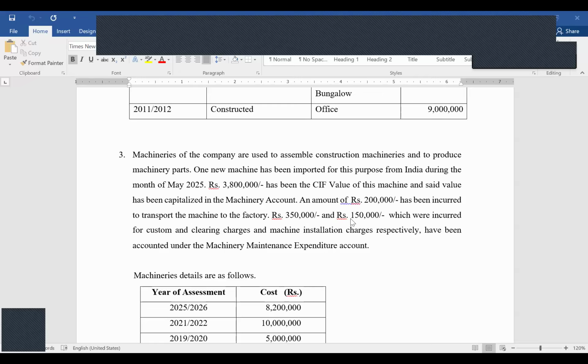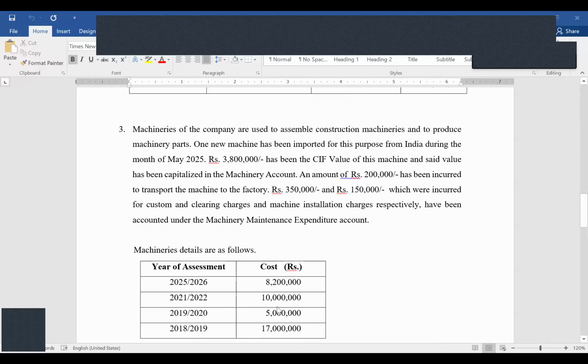So we have to consider these three amounts also as a cost of this asset, not only the CIF value. So CIF value plus 200,000, plus 350,000, plus 150,000 is the cost of this newly imported machine. But they have included only 3.8 million in the addition. Then the balance can be the local purchase of machines.